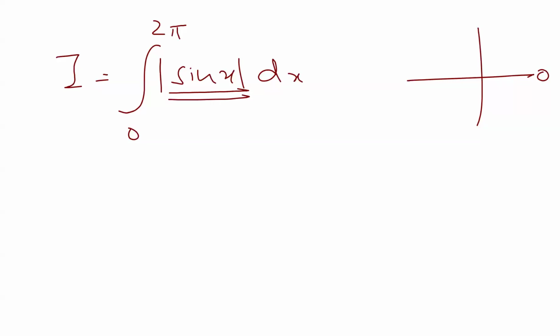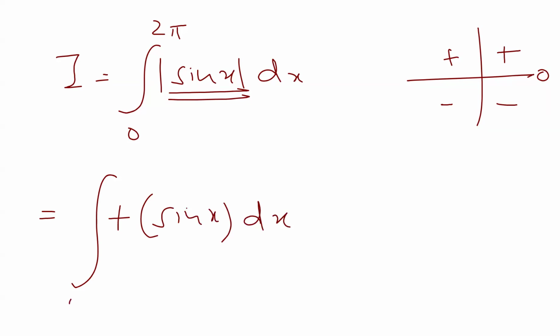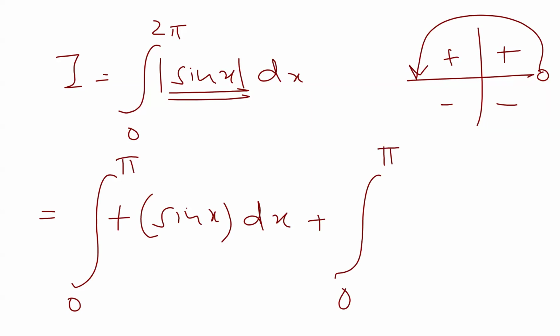Now sine is positive in the first and second quadrant, and it is negative in the third and fourth quadrant. So plus sine x from 0 to pi, from here to here, and minus sine x, since sine is going to be negative from pi to 2 pi.